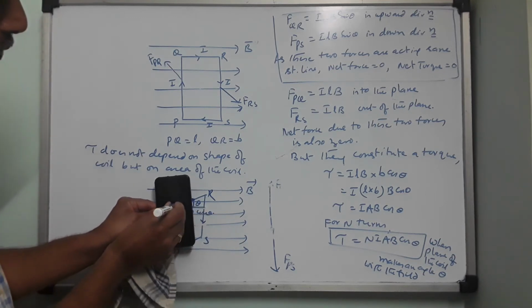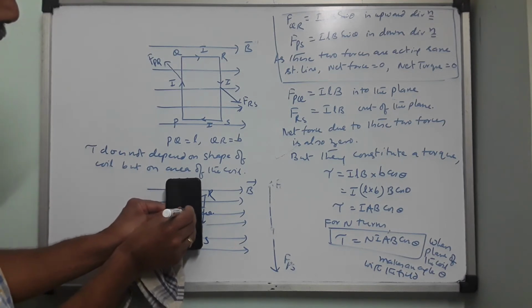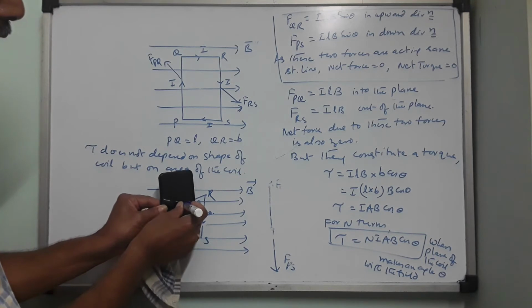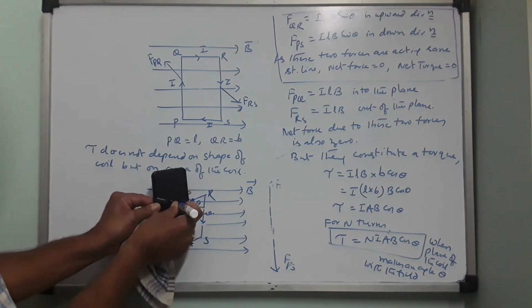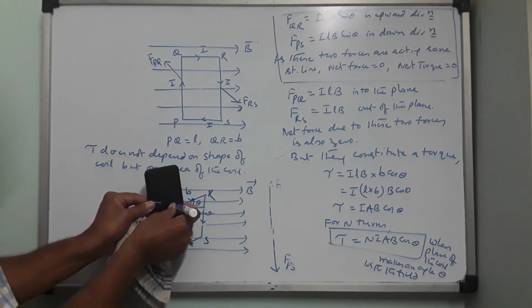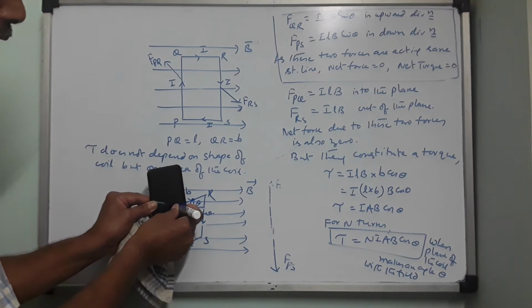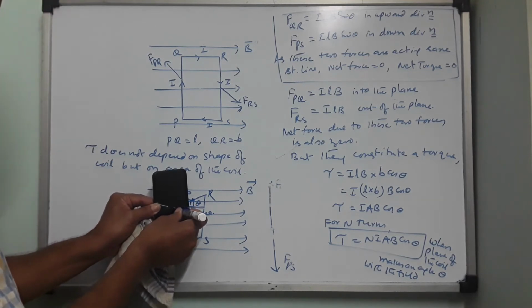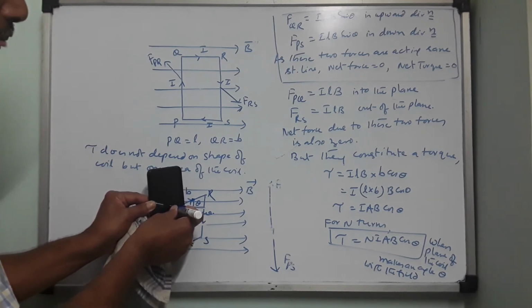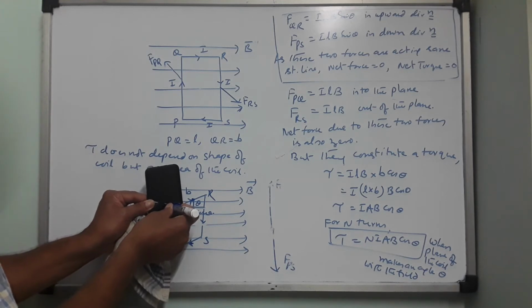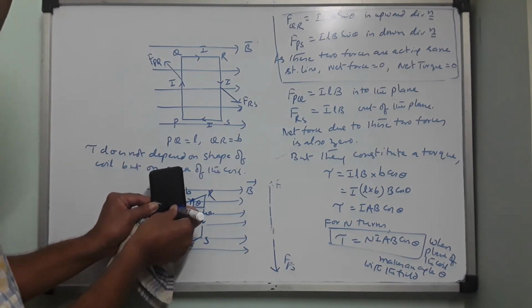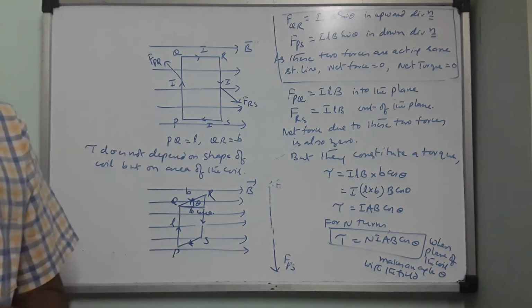Now you see, what is the angle between the pen and the field for this orientation? 90 degrees. Now if it turns like this, will it be 90 or less than 90? It will be less than 90. How much less? It is equal to the amount of the angle turned by the plane of the coil. We said the plane of the coil is turning through theta degrees. Therefore the decrease in the angle is theta. So the final will be 90 minus theta. Okay, so this is very important.